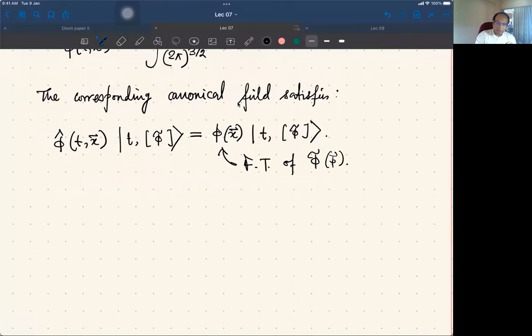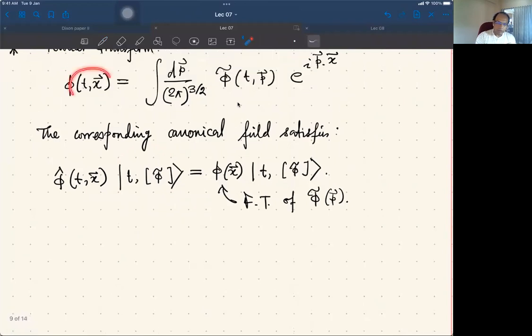So now given this, you see this state has the information of the entire profile phi tilde of p, and from phi tilde of p you can construct the phi of x, this function, right? So that means this single state knows about the entire profile phi of x in position space. So one could actually alternatively use a notation of t comma phi functional.